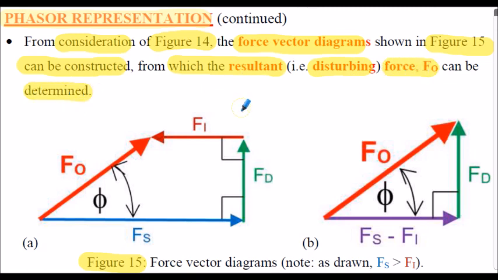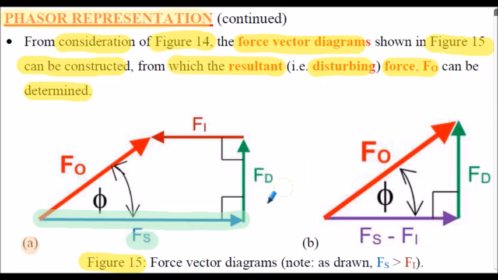So again, from a previous presentation related to force resolution, we can draw a vector diagram of our three forces applied. That's the spring force, the damping force, and the inertia force. If you remember from our previous work, it doesn't matter in which order we consider these force vectors, we just draw them head to tail on a diagram. So in figure 15a here, I've commenced a diagram with force Fs, the spring force shown here.